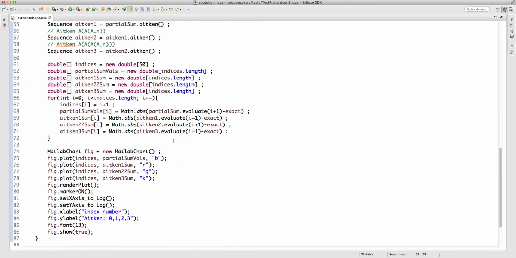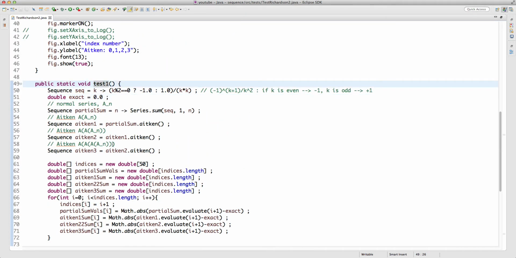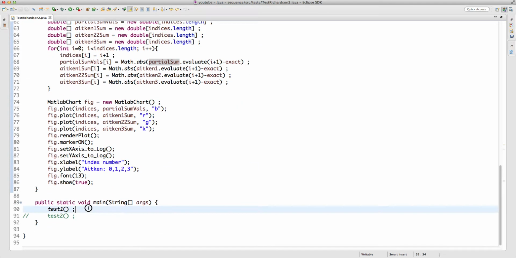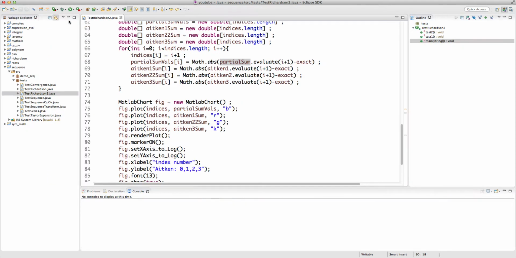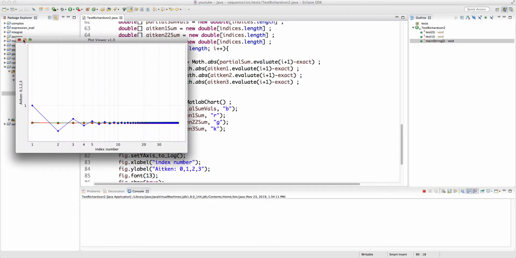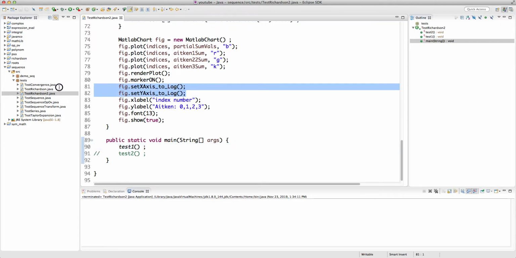Okay? So test 1 is the Aitken transform. We're applying the Aitken transform twice, or 3 times, to the partial sum. So let's see. Test 1 is Aitken. Okay, I need to remove the log scale from the Aitken 2.